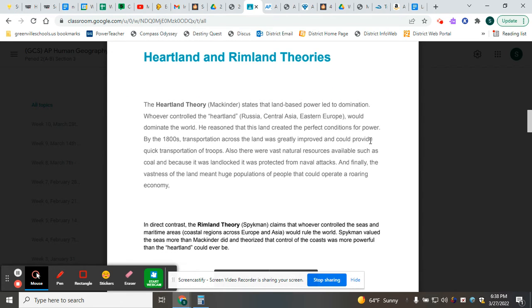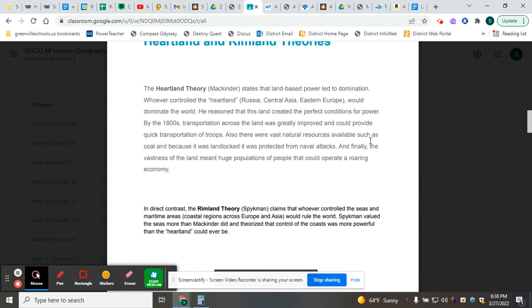Here are some others. The heartland theory states that land-based power led to domination. Whoever controlled the heartland, in this case Russia, Central Asia, and Eastern Europe, would dominate the world. The author of the heartland theory, Mackinder, reasoned that this land created the perfect conditions for power.